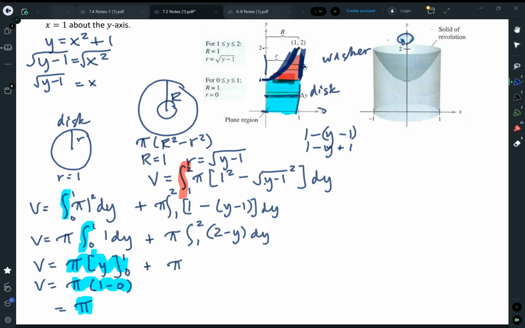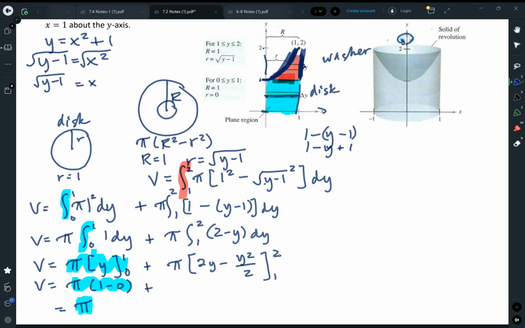Okay, then my next step is integrating. And this is going to be, let's see, when we integrate 2, we have 2y minus y squared over 2. And this one's from 1 to 2, so this is going to be a little bit trickier.